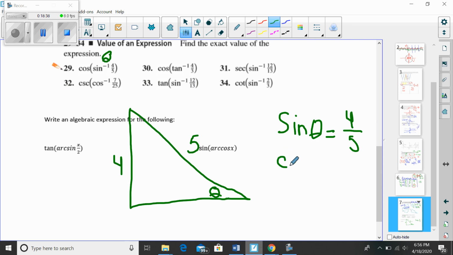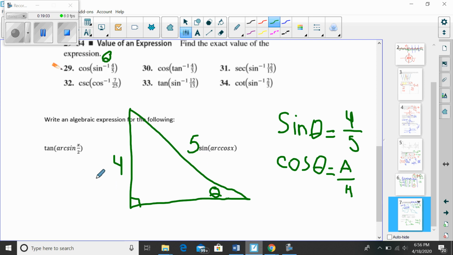So I want to find cosine of theta, and I know that cosine is adjacent over hypotenuse, and I'm missing my adjacent side, but I can solve that very easily with the Pythagorean theorem. Or if you know your Pythagorean triples, 3, 4, 5 is known as a Pythagorean triple. That'll save you a little bit of work.